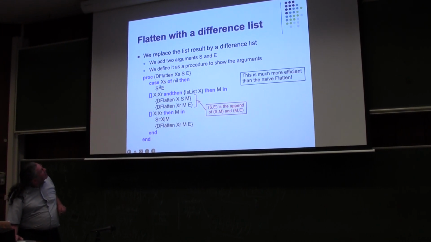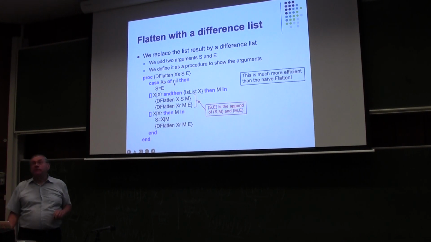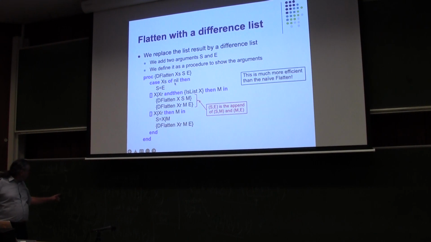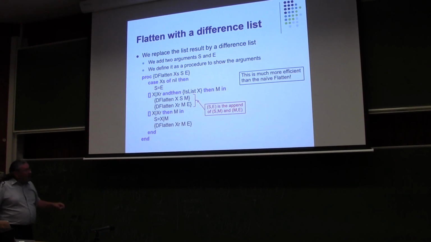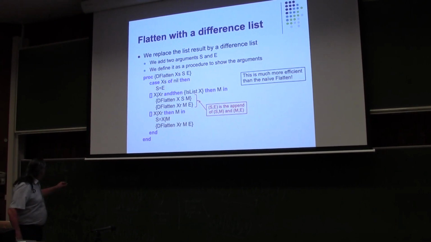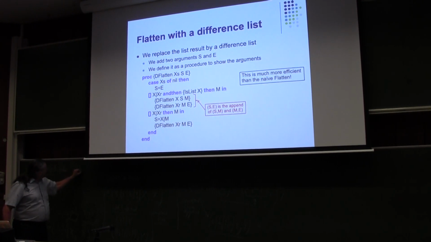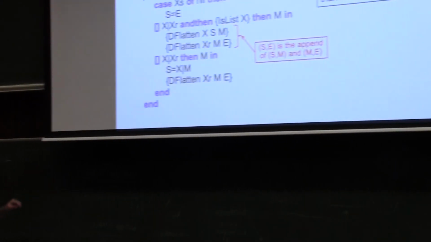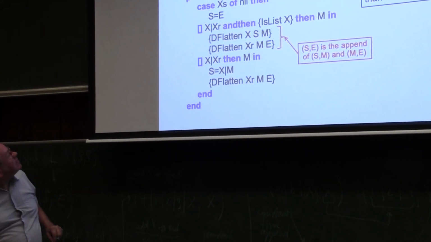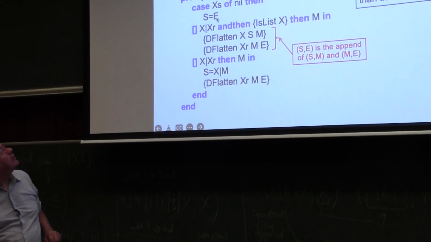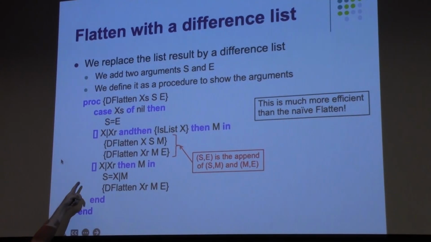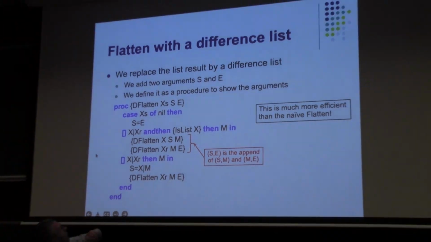So if xs is nil, then I have an empty list. Well, an empty difference list is just when s is equal to e. A difference list that's empty is a list that looks like this. SS, for example. The difference is empty. Which means an empty difference list is just s equal e. Okay? And let me do now the final one here. X, xr.